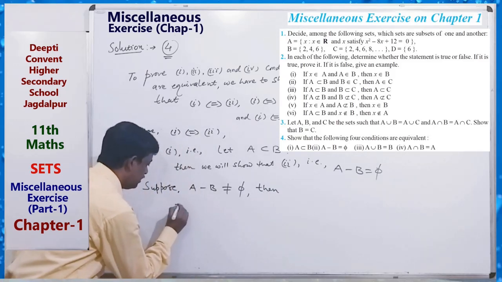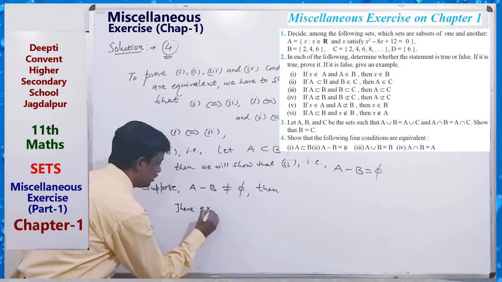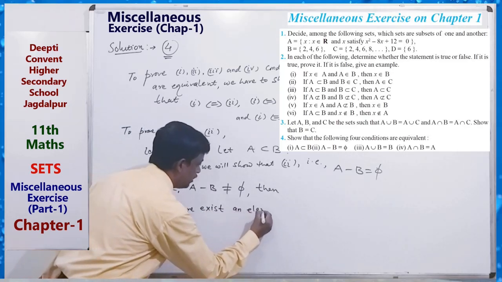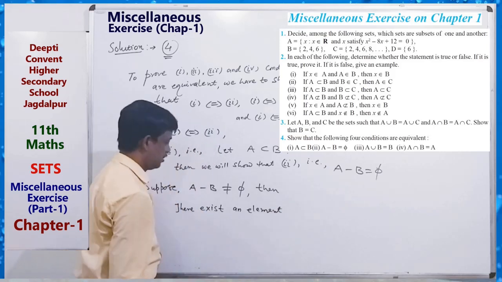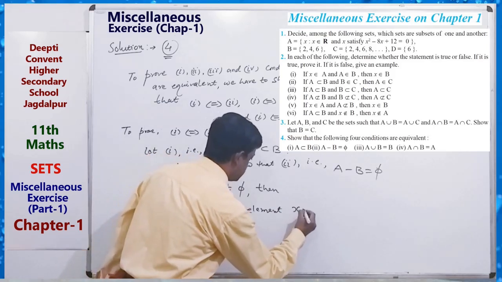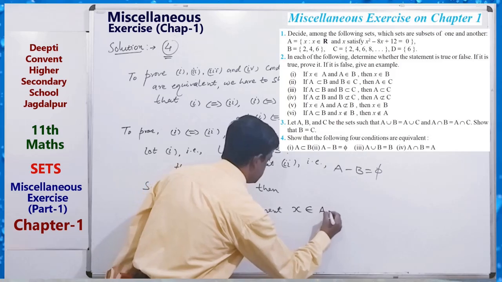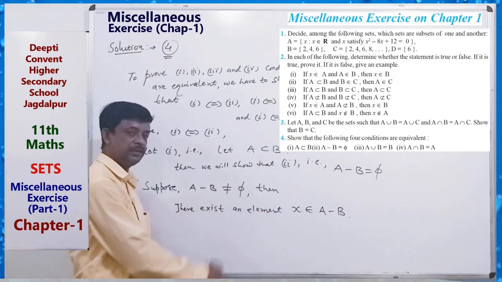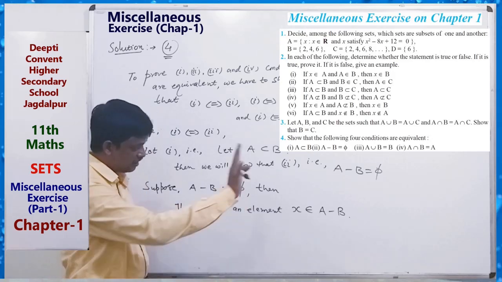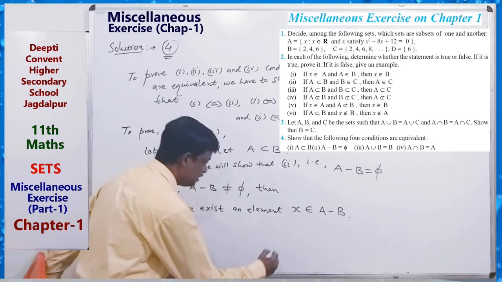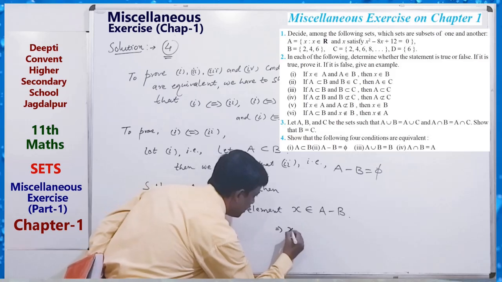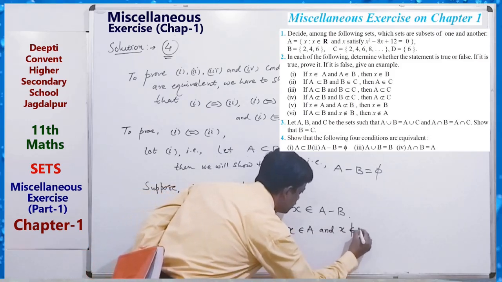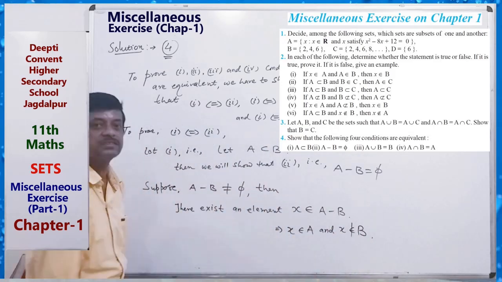So suppose this, then there exists an element x belongs to A minus B. That is, x belongs to A and x does not belong to B. This is the definition of difference.